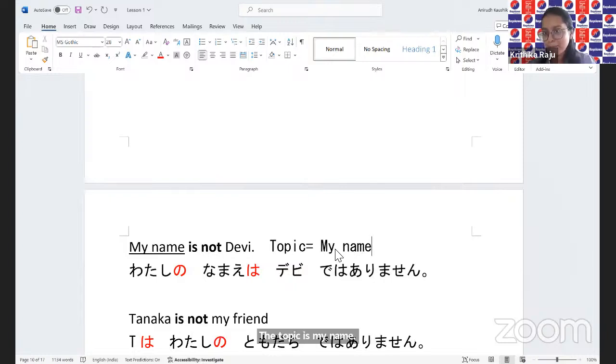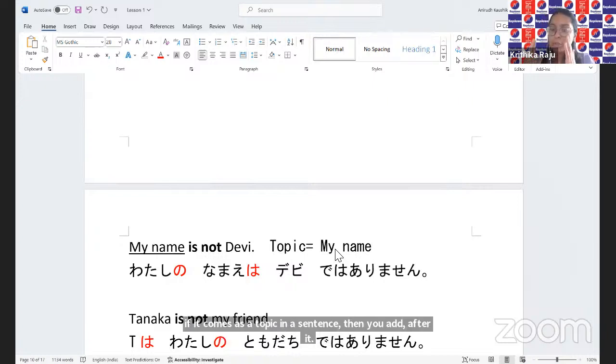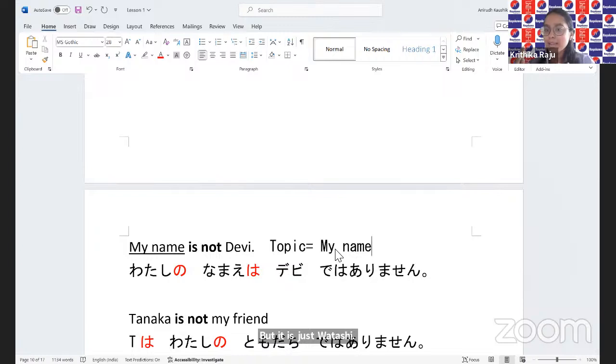Watashi no namae. My is watashi no. I is watashi. If it comes as a topic in a sentence, you add wa after it. But the moment you say my, the name that belongs to me, watashi becomes watashi no. So my name is watashi no namae.